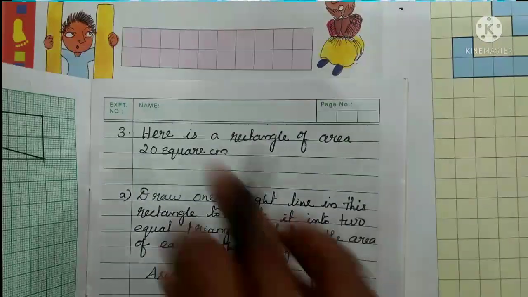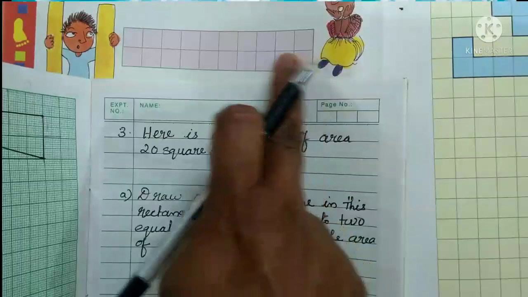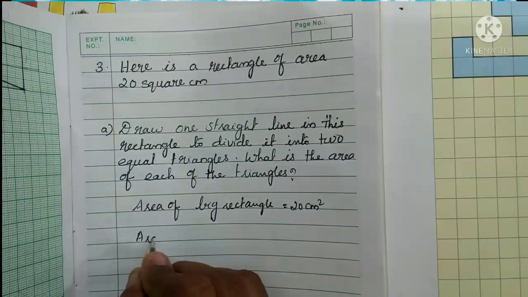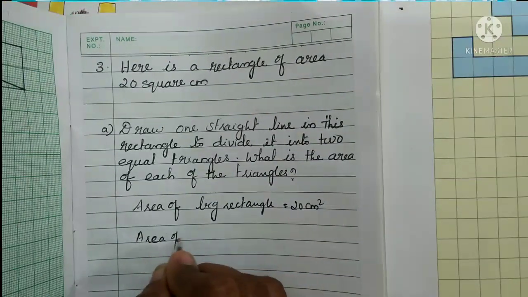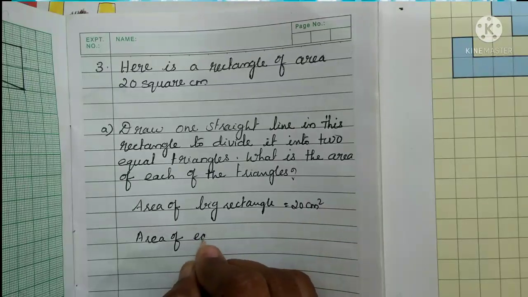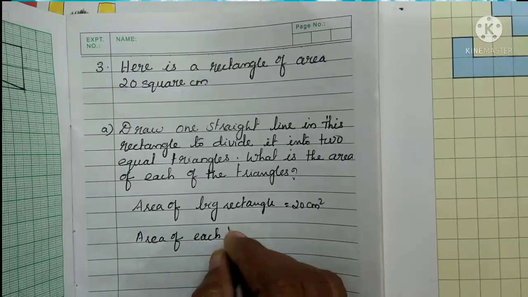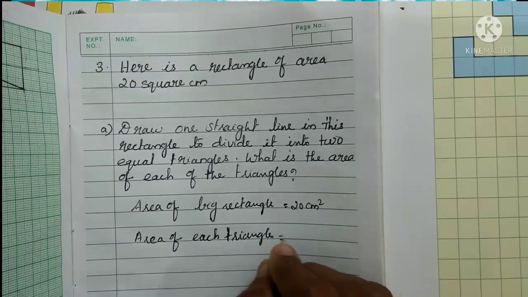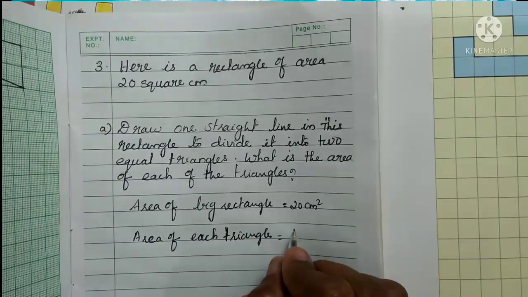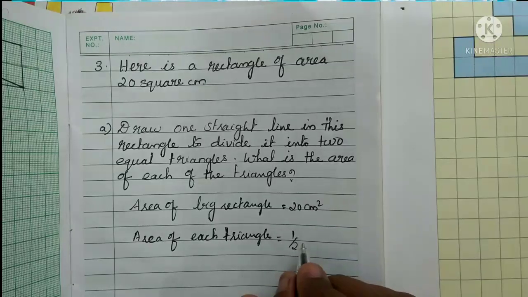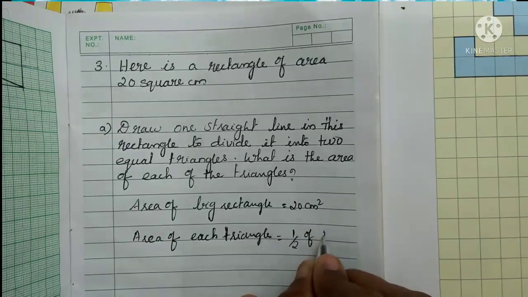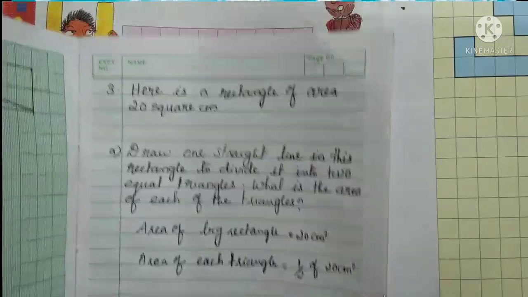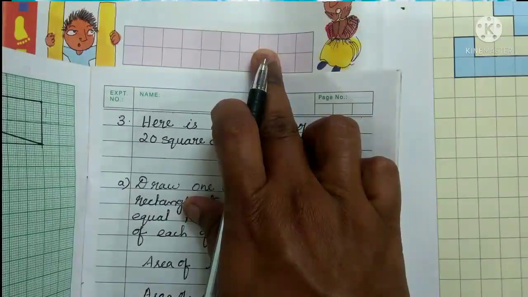So, we are cutting into two equal triangles. So, area of each triangle is equal to half of 20 centimeter square. Why? Because the big rectangle has the area 20 centimeter square.